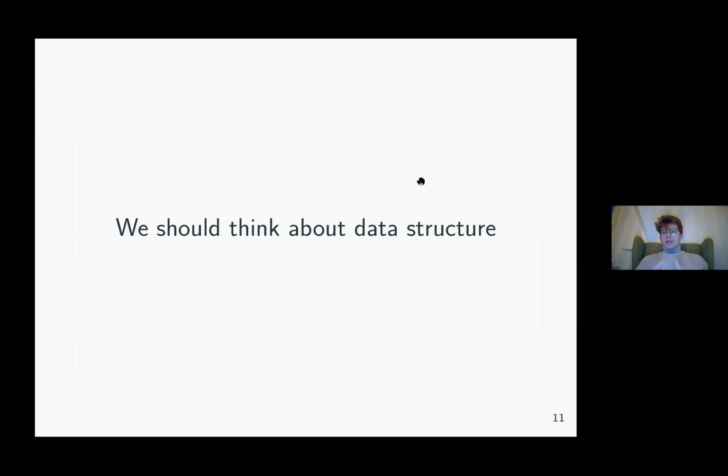Okay. So now I want to go through some ideas that I follow when I'm analyzing data, and I'm going to use BRMS to showcase the situation. So first of all, and this is highly related to multi-level models, we should think about the data structure. That is, we should think about how our data is structured and how this structure should be reflected in our models.